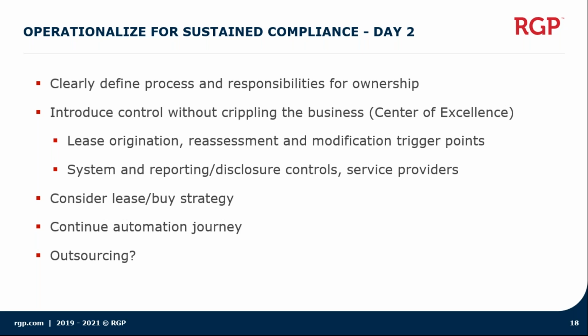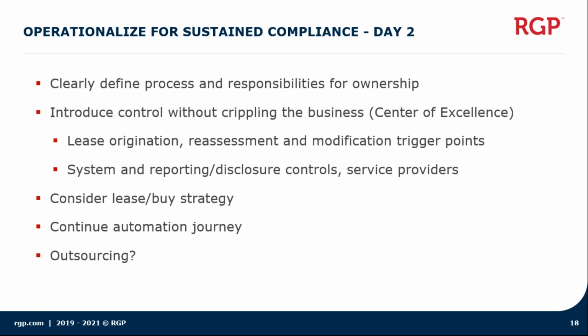Additionally, making sure that you have adequate controls in place. So, once you've defined that day two process, you should be performing a control evaluation to make sure that any new risks that are posed with the new process are appropriately controlled.